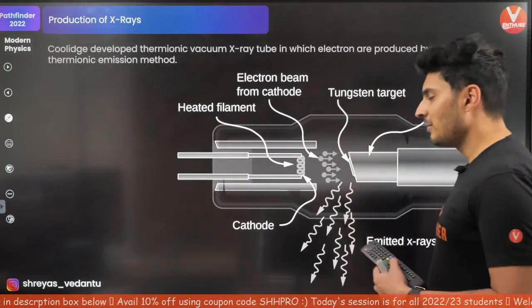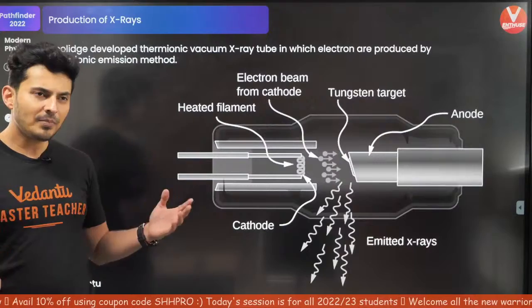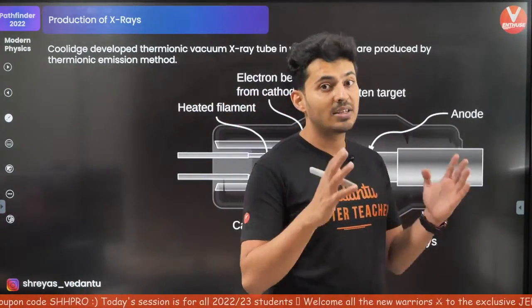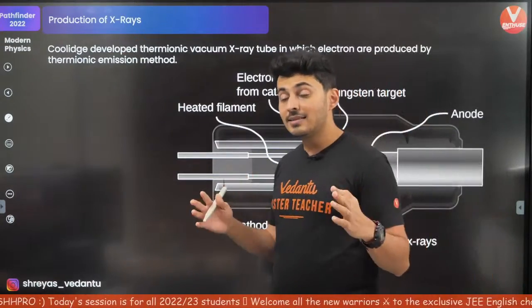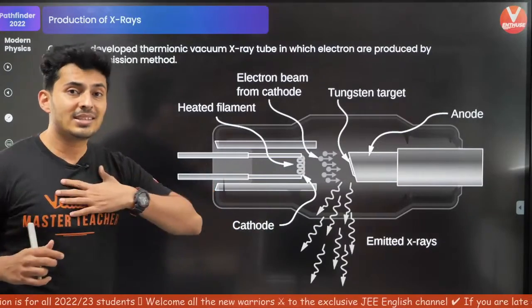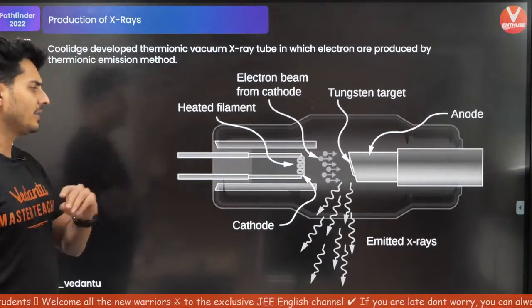Okay. So now let's answer the big question. How do you create X-rays? Okay. Now the setup that we need to understand and know for JEE as well as boards or NEET is that X-rays can be created in multiple ways, but the setup that we study over here is the Coolidge tube. Very interesting setup.